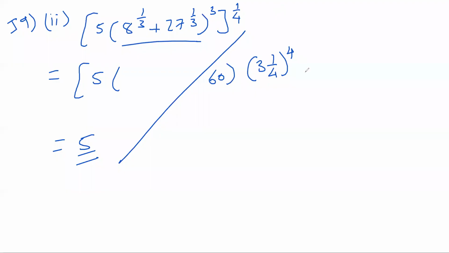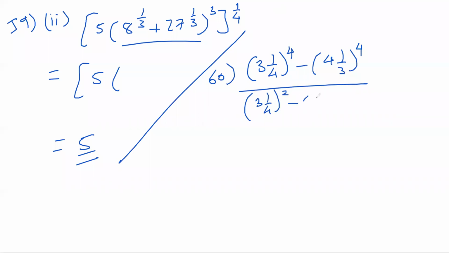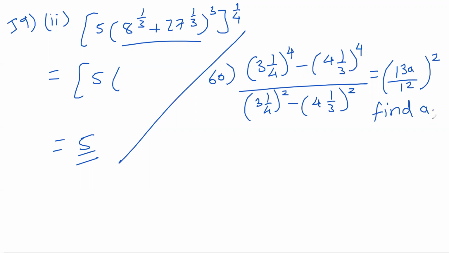3 1/4 raised to 4 minus 4 1/3 raised to 4 upon 3 1/4 raised to 2 minus 4 1/3 raised to 2 is equal to, this is given, 13a upon 12 square. Find a.